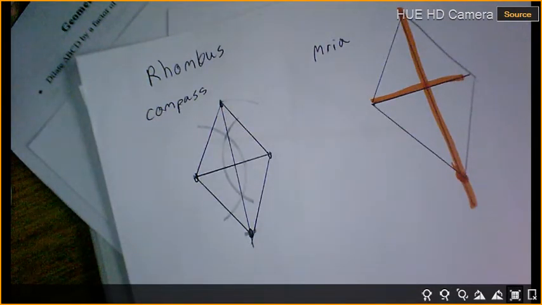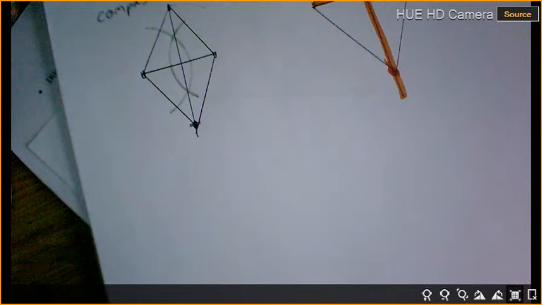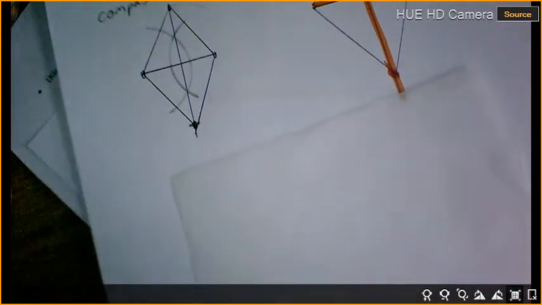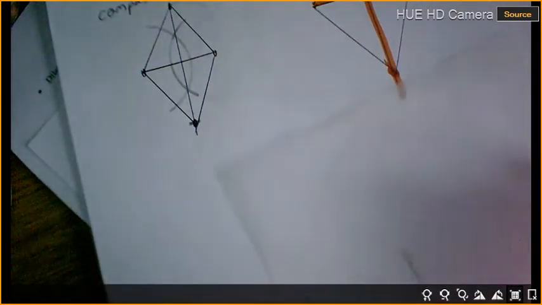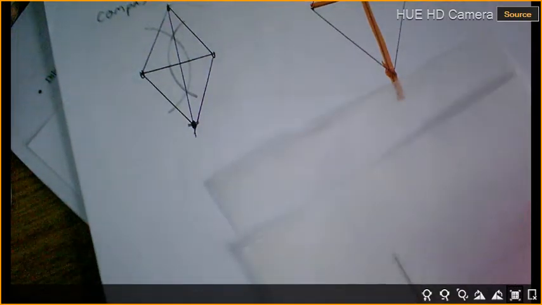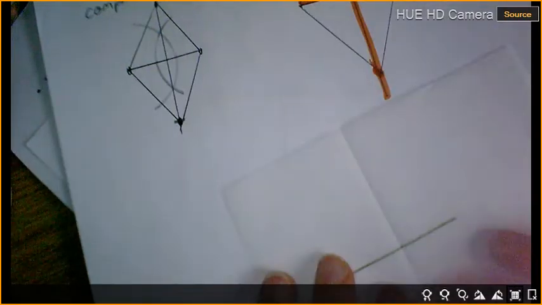All right. Last one we're going to do with patty paper. I'm going to start with a what? Straight line. Okay? So I'm going to make a straight line. And then I'm going to fold that line in half. Okay?